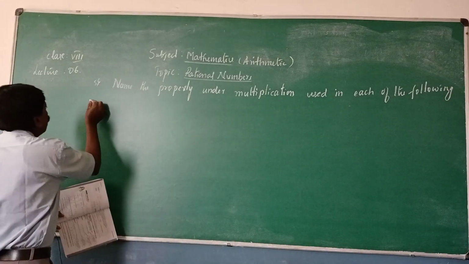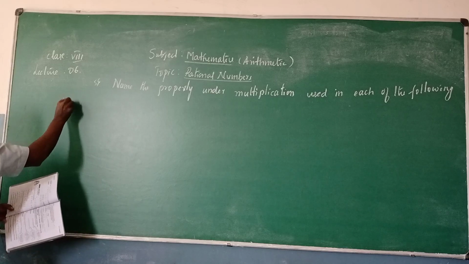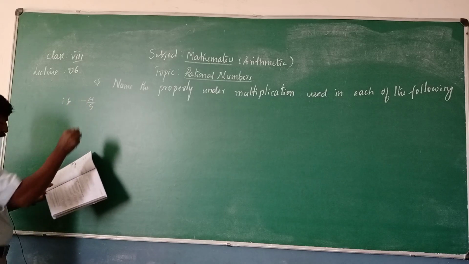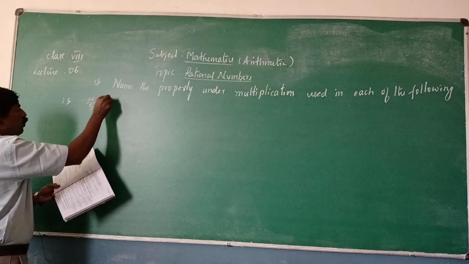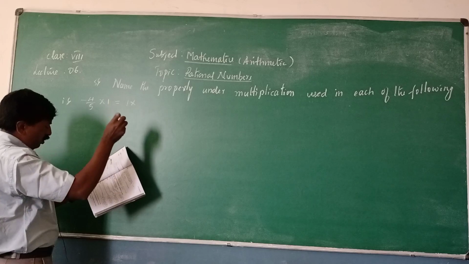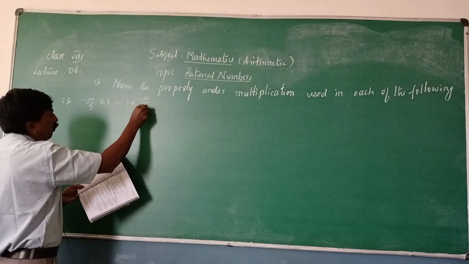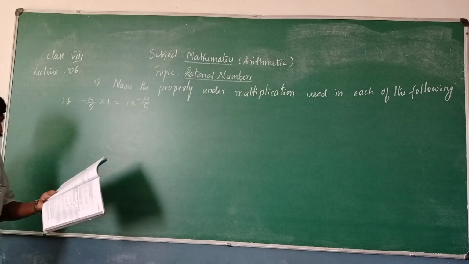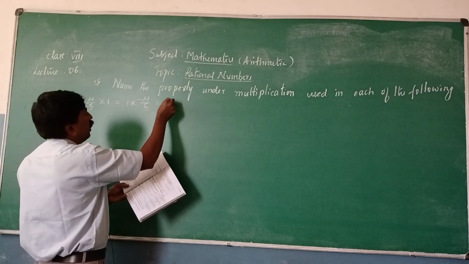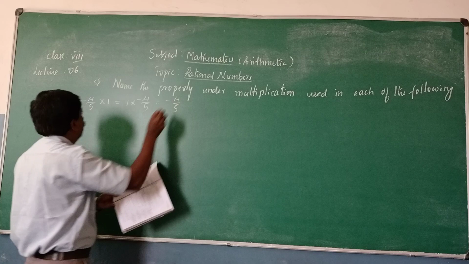The first question: minus 4 by 5 into 1 is equal to 1 into minus 4 by 5, which is equal to minus 4 by 5.